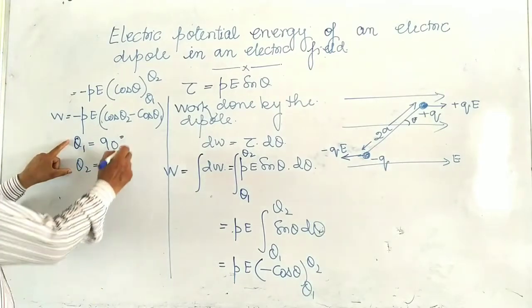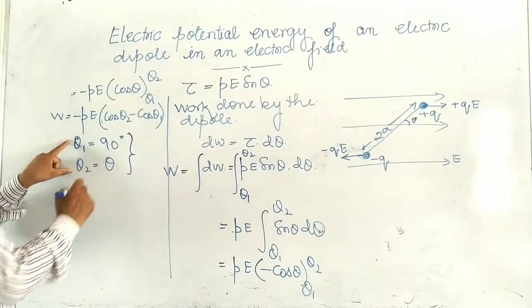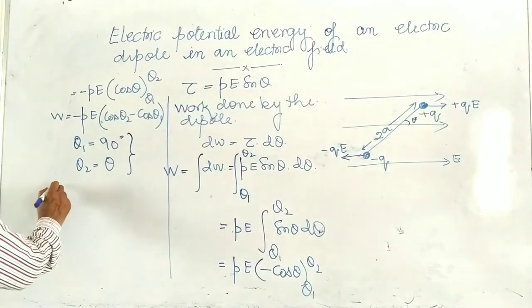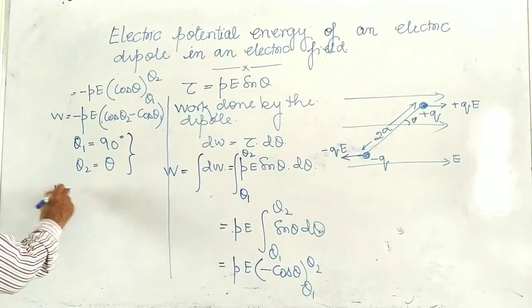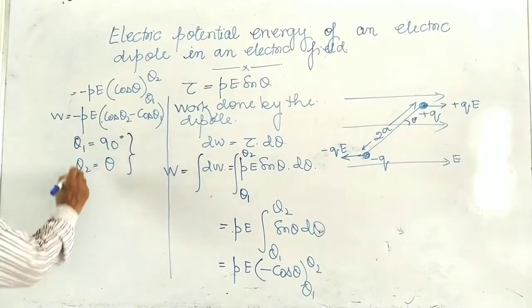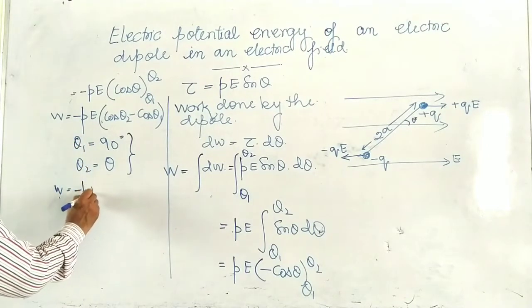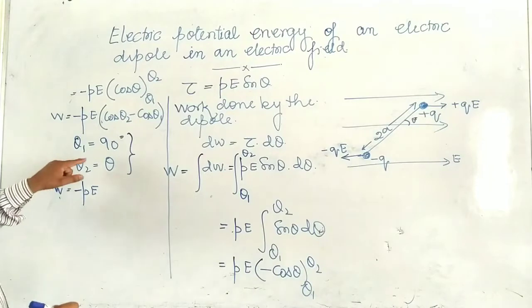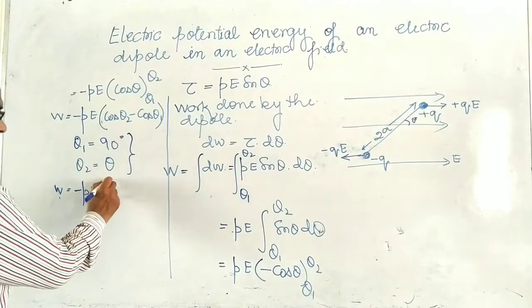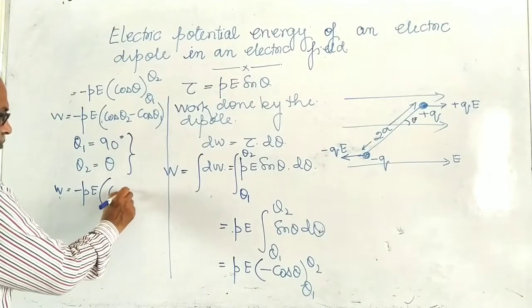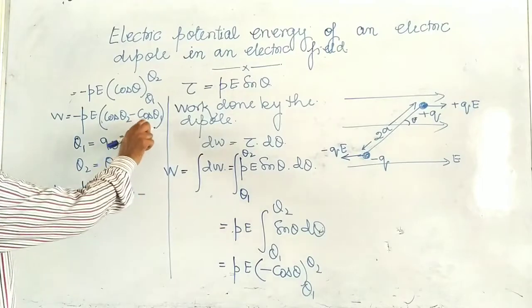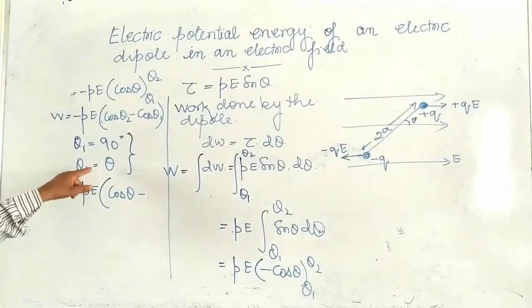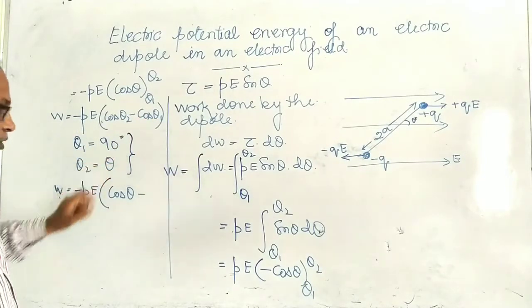If you put these angles in this equation, the net work done will be minus PE cos theta 2, which is cos theta, minus cos theta 1, and cos 90 is 0.